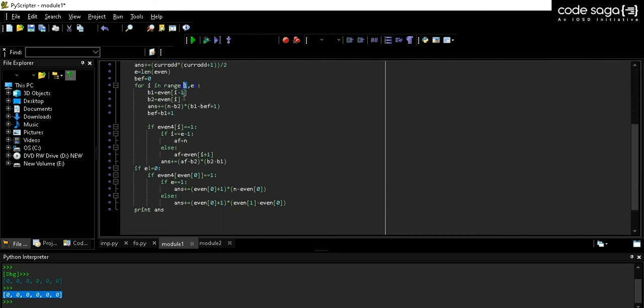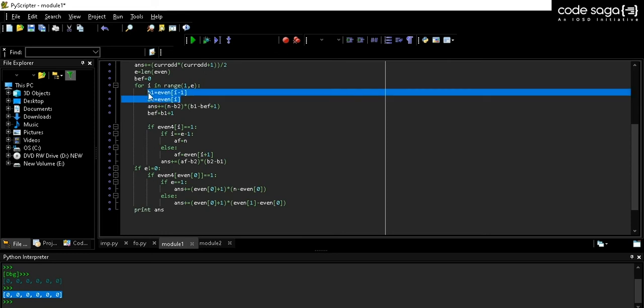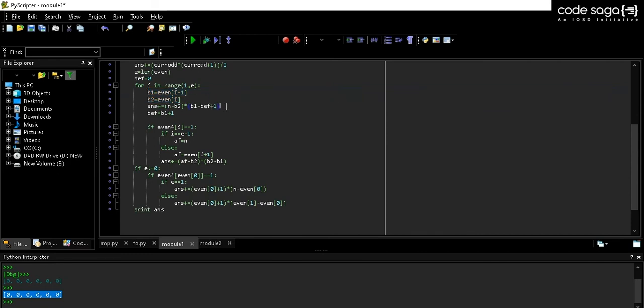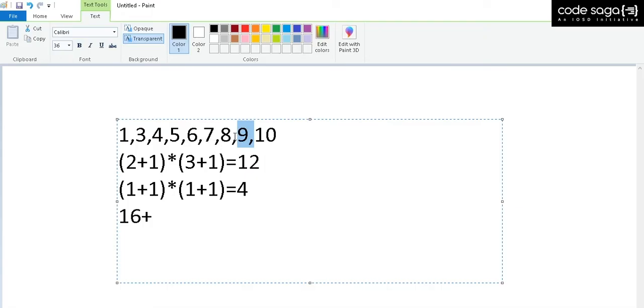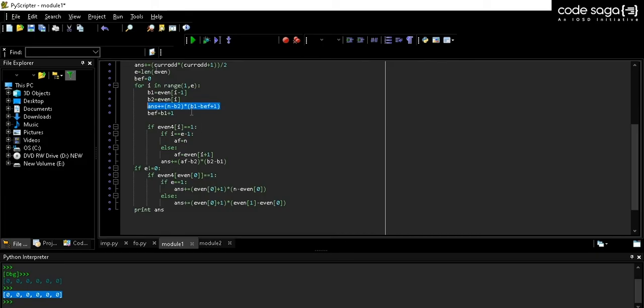Then from the second number we took the positions of the previous two even numbers, that is i and i minus 1, and then we added the contiguous subsequences that consider that. Rather than repeating this, for example for 8 and 6, rather than repeating for all the 4, 3 and 1s, we took it from 5 till the end, and for the next one we would take it till 7 from the end. So that's what this def here was for.